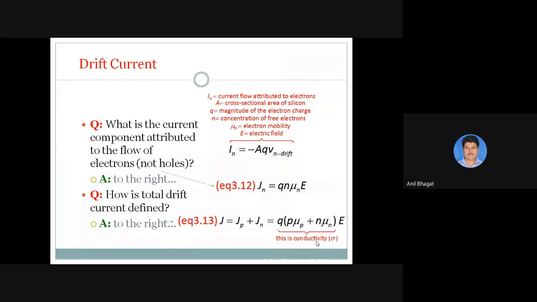And you know that the conductivity of this material, the sum of the current densities of holes and electrons, is equal to Q times (p mu p plus n mu n) multiplied by E. This is a very simple formula. The electrical field is always given, so you can easily calculate it by taking the voltage and the area.